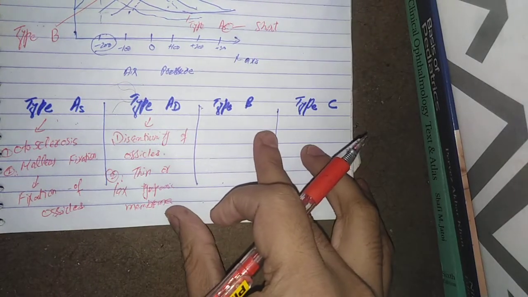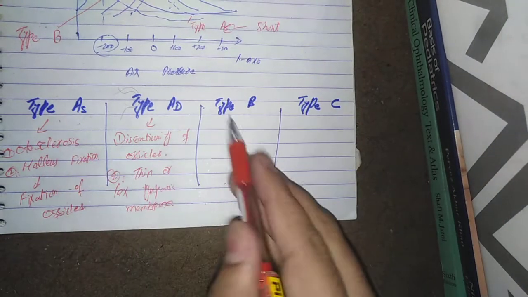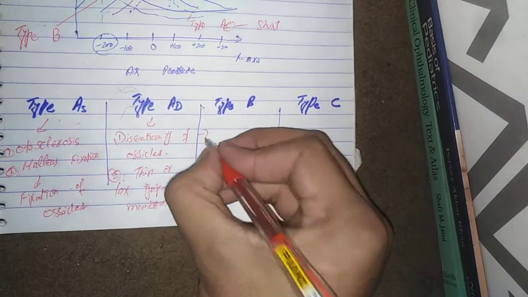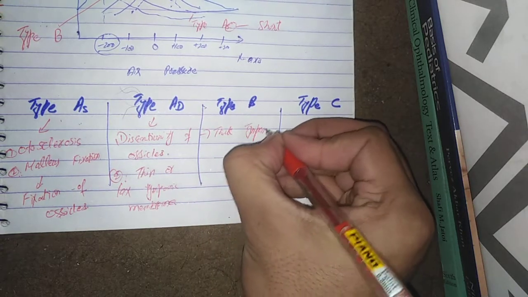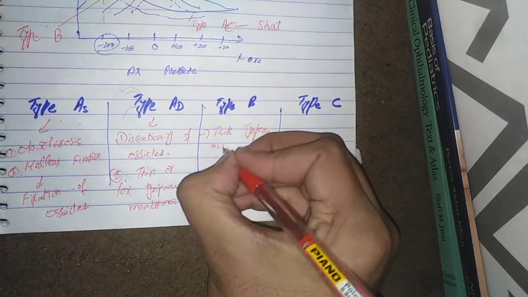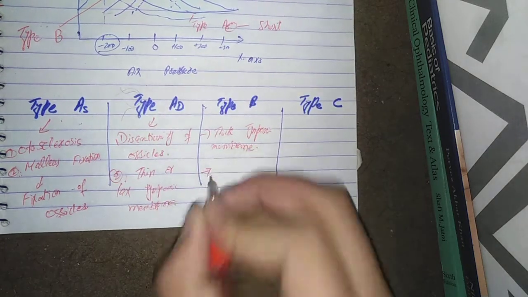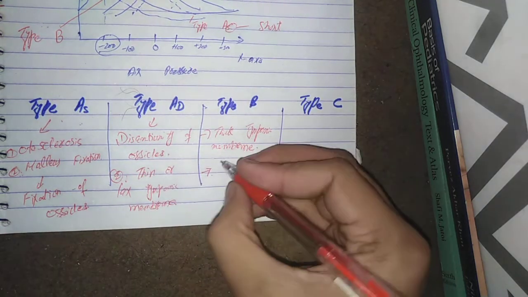Type B, this type of tympanogram is shown when there is a thick tympanic membrane. And it will be seen when there is fluid in the middle ear.